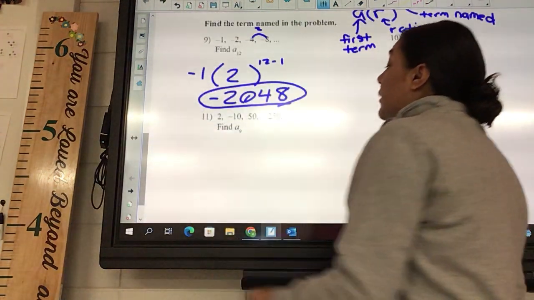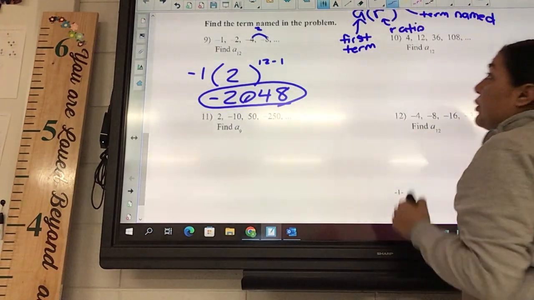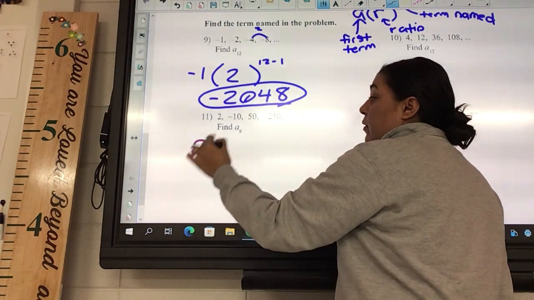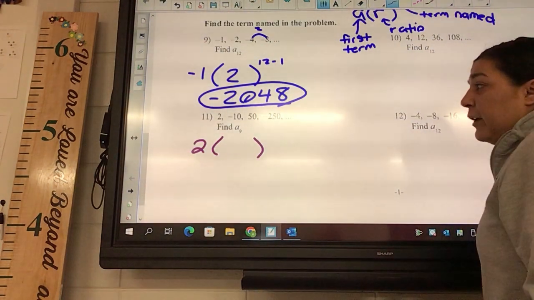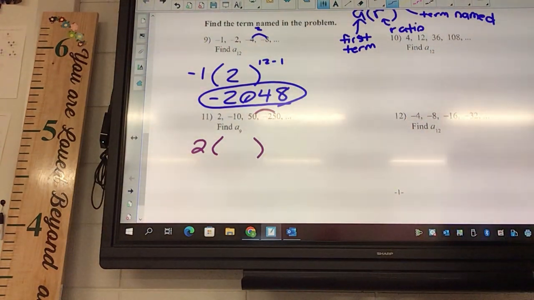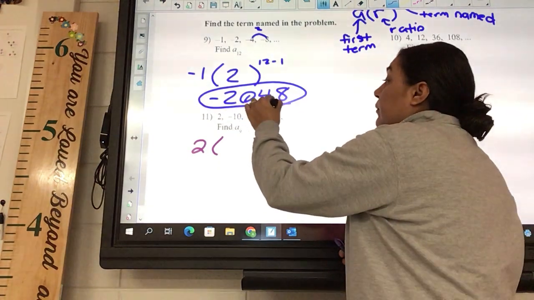For 11, we're going to be doing the same way. What is our first term? 2. Our common ratio, so you're going to say negative 250 divided by 50, which is negative 5.